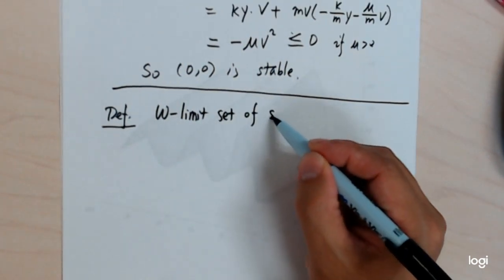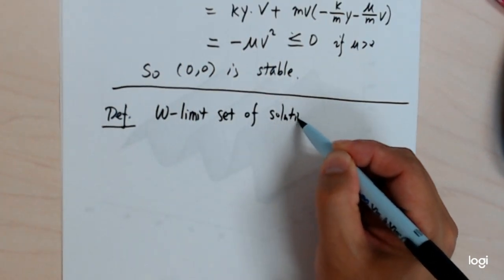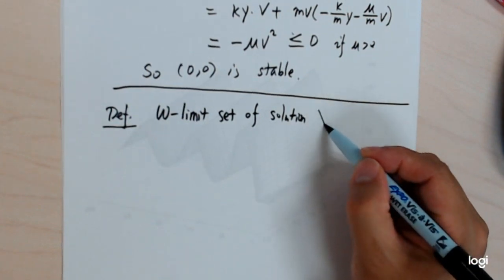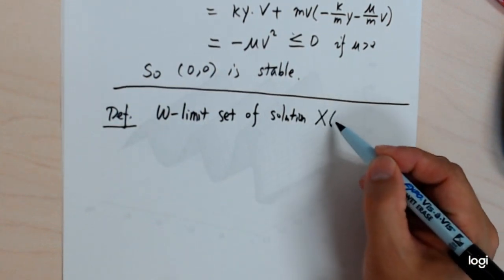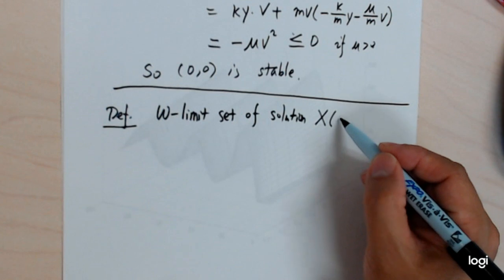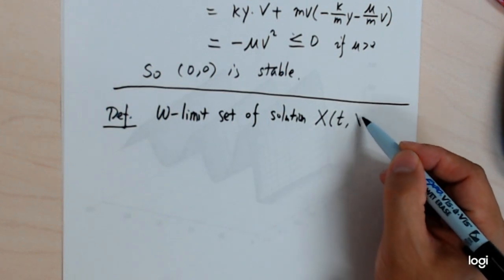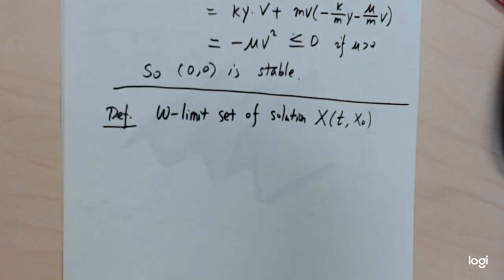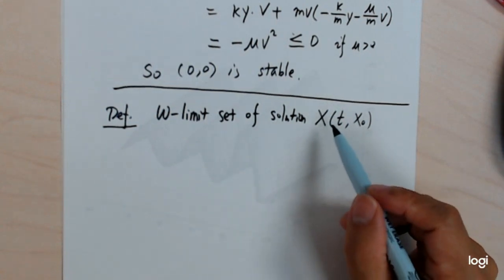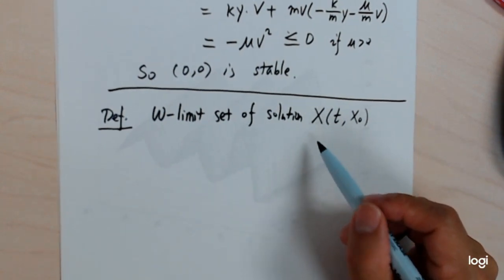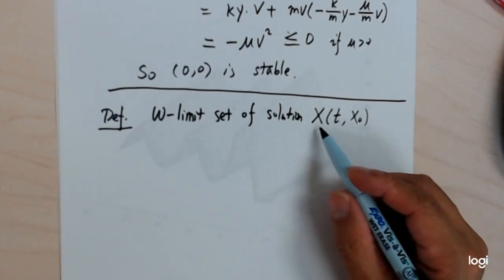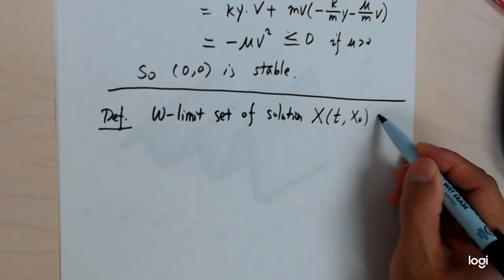The omega limit set of a solution that we denote by capital X, which is obviously a function of t, also depends on the initial data. So picture this capital X to be a trajectory on the xy plane.